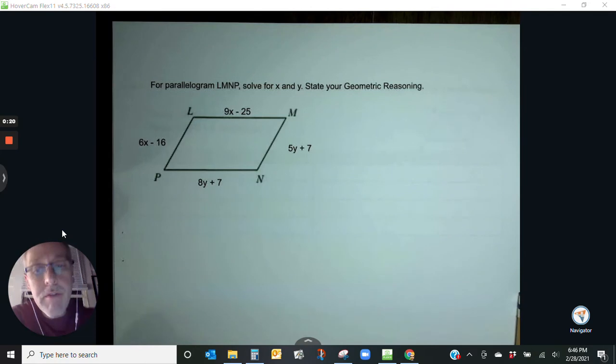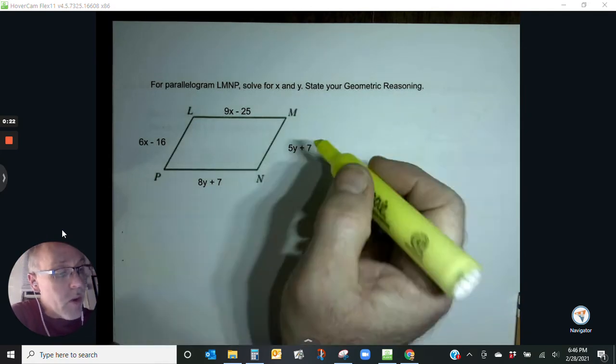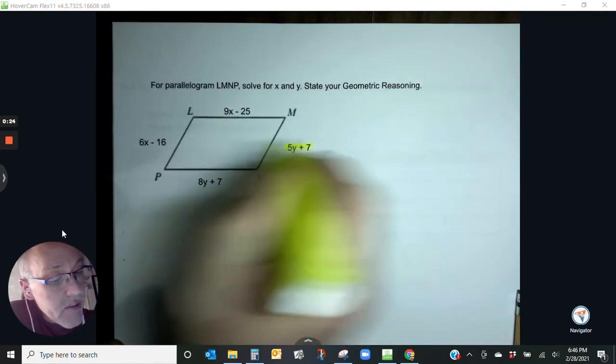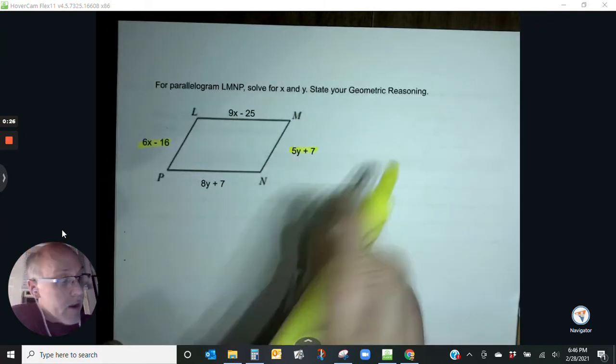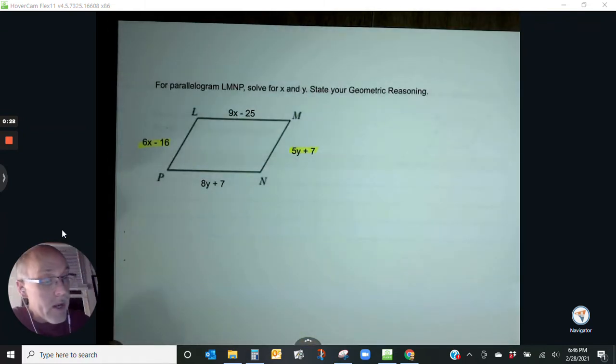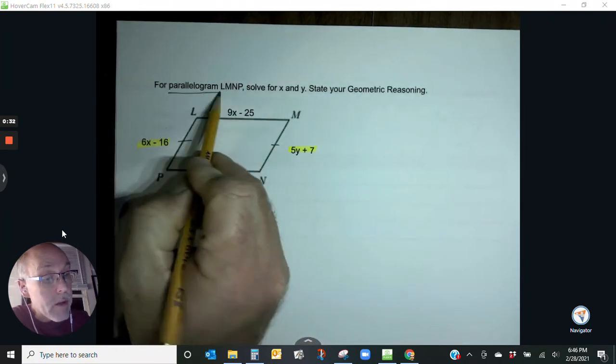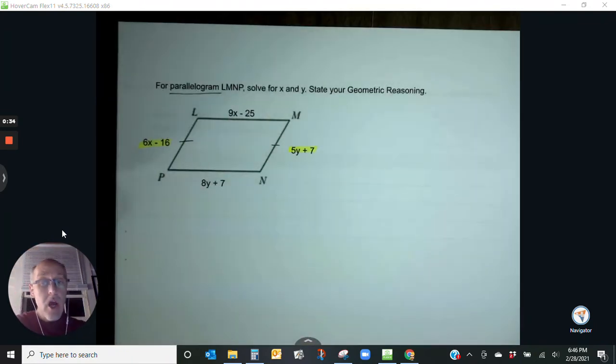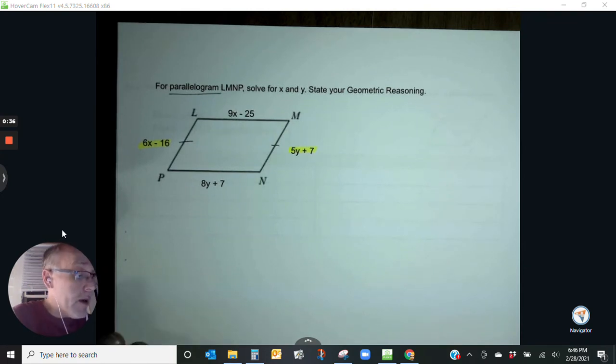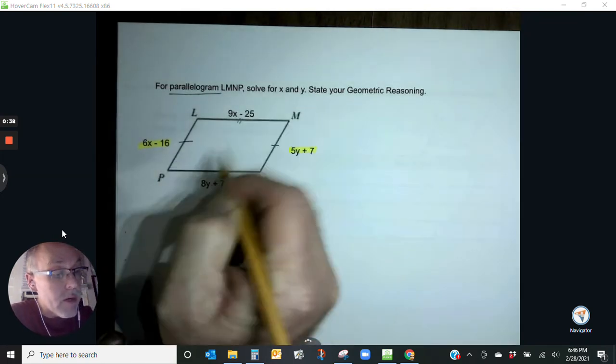We can tell from this situation that we have this and this, and according to our reasoning, we know that those two sides are going to be congruent if this is a parallelogram. We've also learned that the other pair of opposite sides would be congruent.